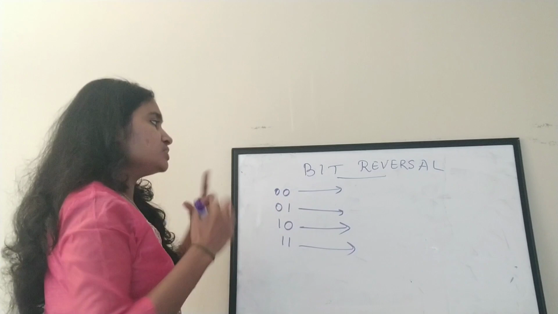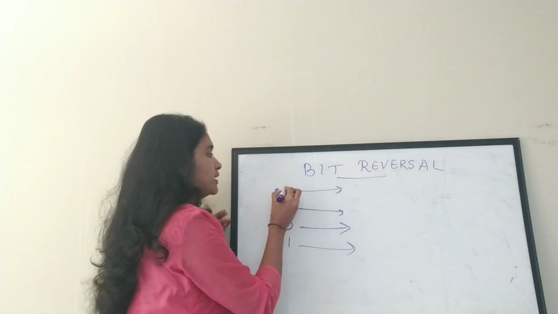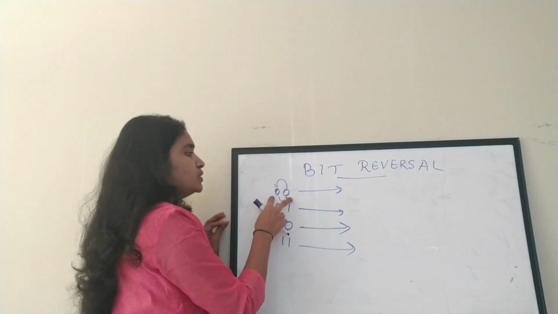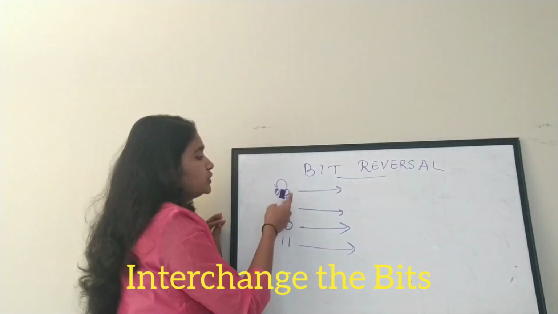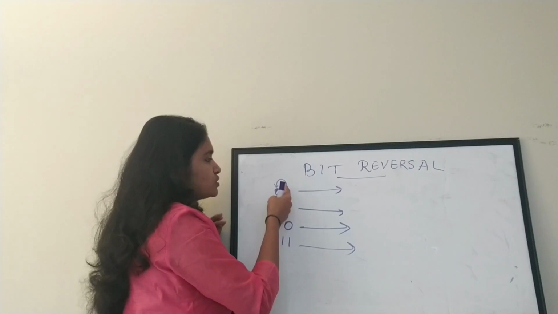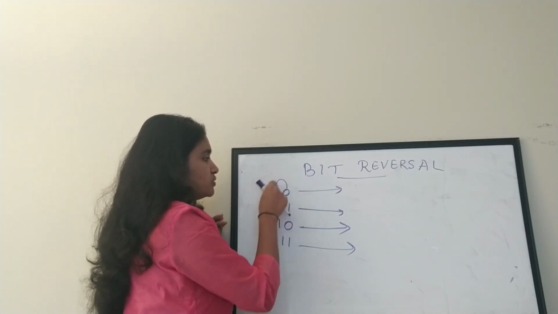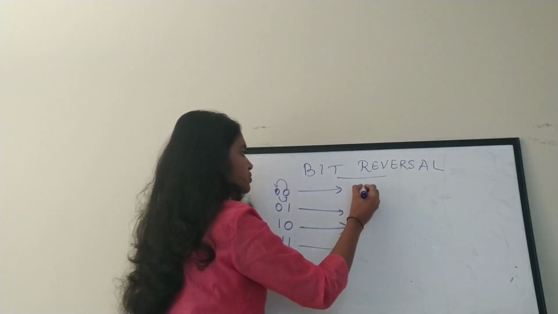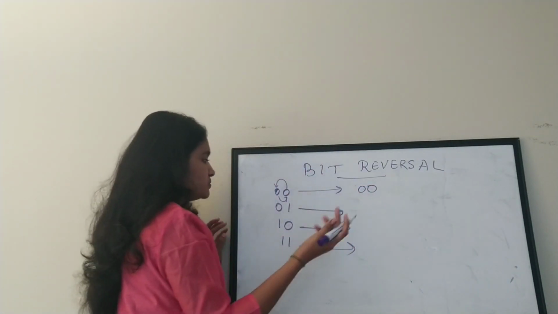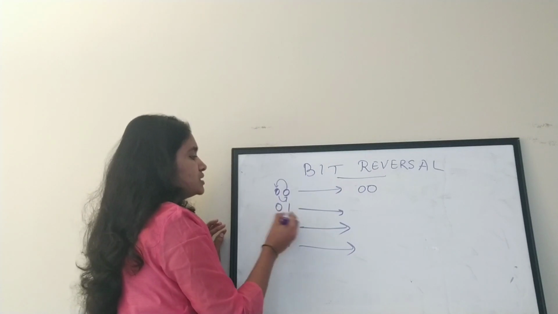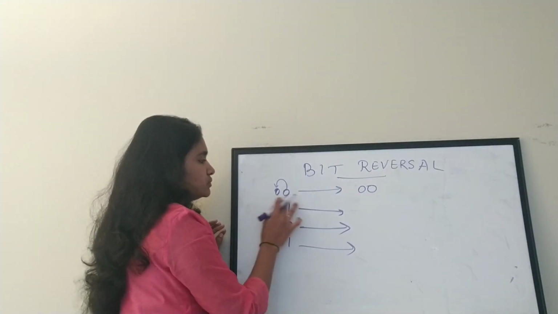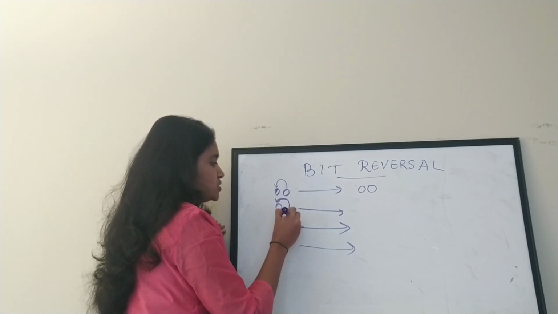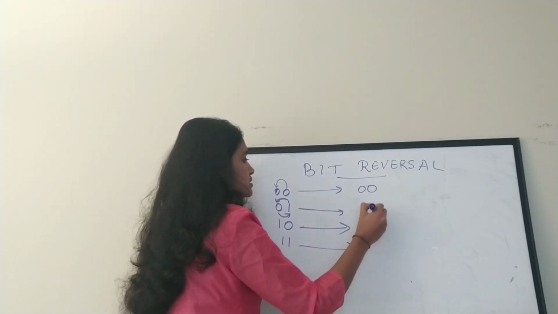Okay, so how this bit reversal is done is by exchanging the bits. For this case there are only 2 bits, so we will exchange the position of these 2 bits. This 0 will come here, this 0 will come here. Anyway, it is both 0, so there is no change in the bit reversed output. For 0 1, you have to exchange the position of these 2 bits, and it will be like 1 0.